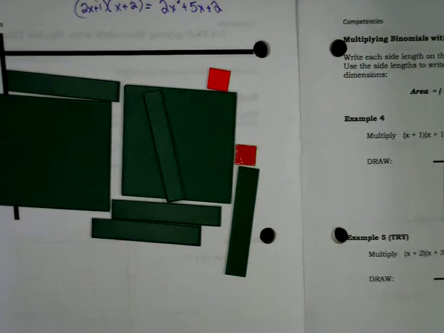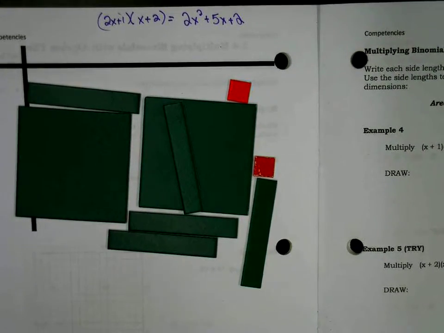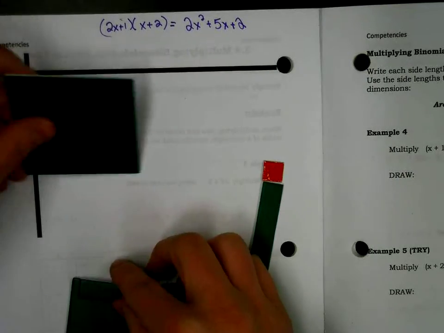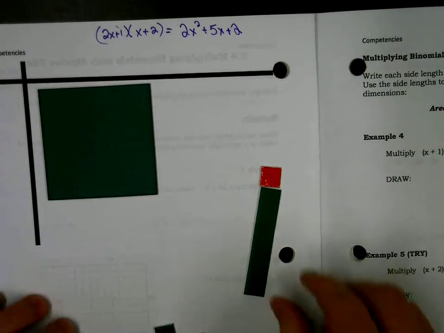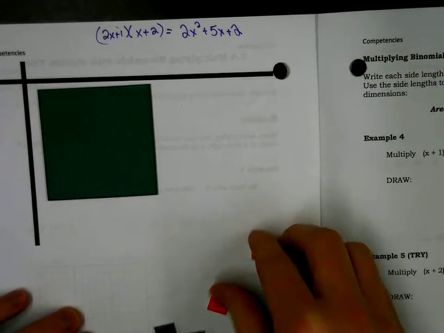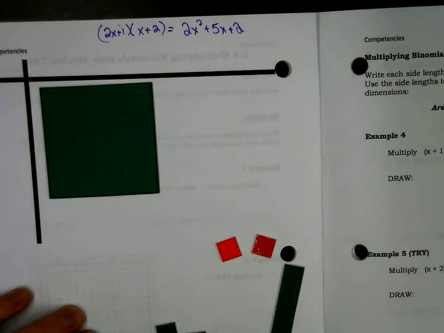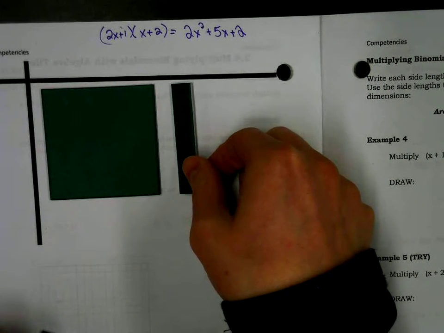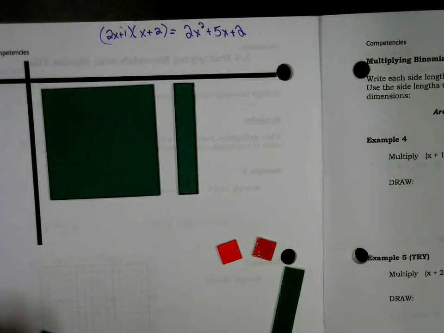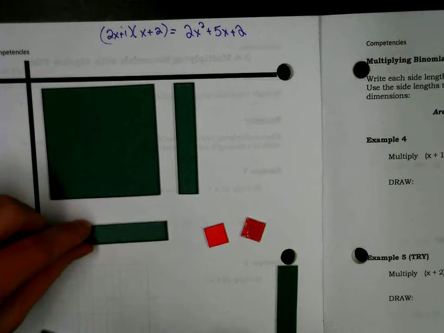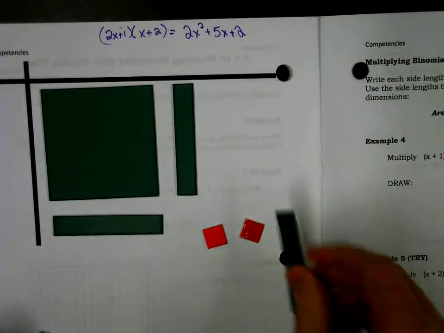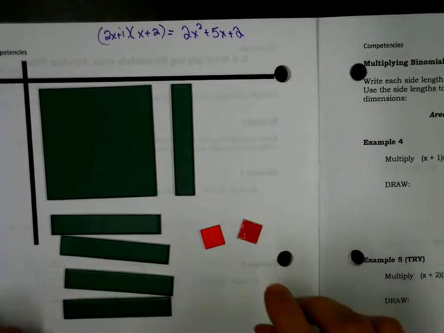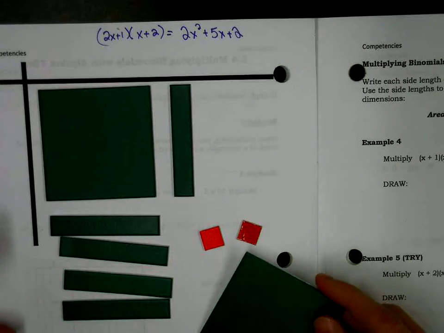It is important to remember that when we are building these rectangles, they do have a very structured format where the x squared tiles go in the top left, the single tiles go somewhere in the bottom right, and the x tiles are vertical in the top right and horizontal in the bottom left. You can have these in any kind of combination, but somehow we need to put all this stuff together so that it creates a rectangle. That is our goal today.